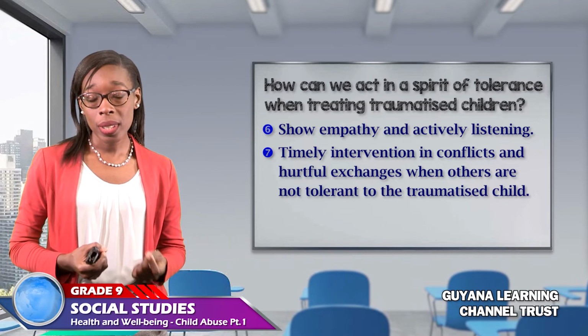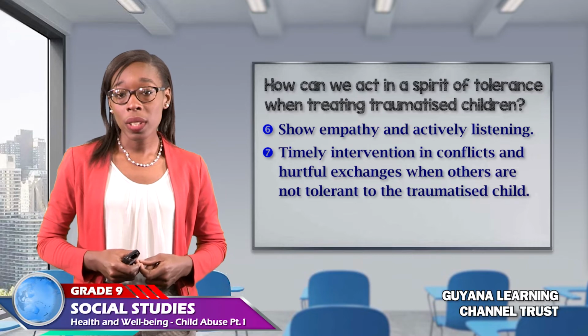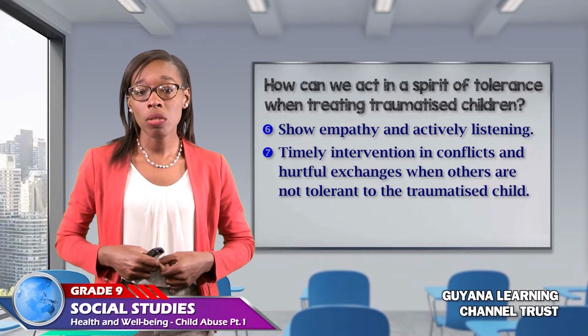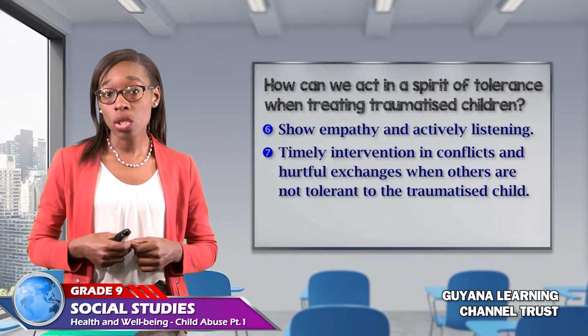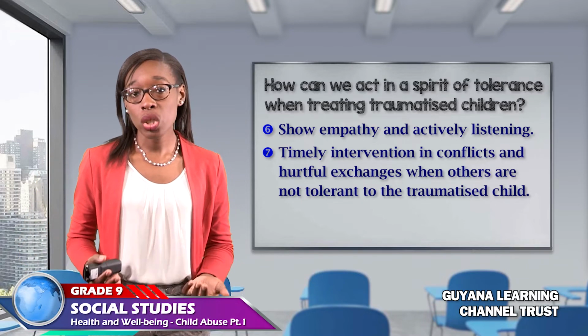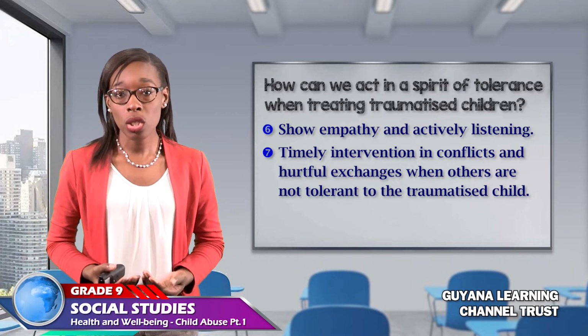The seventh tip is timely intervening in conflicts and hurtful exchanges when others are not tolerant to traumatized children. Not everyone can recognize trauma in a child. Not everyone knows how to respond to traumatized children.